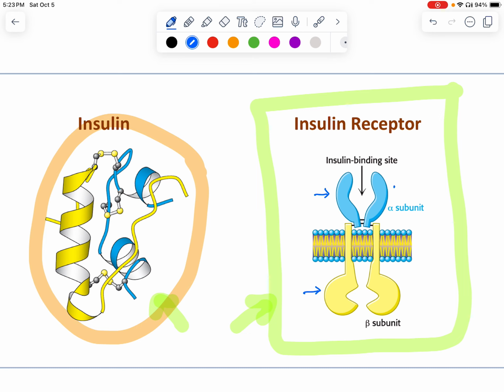The other one also has an alpha subunit and a beta subunit. And if you look right here, you'll see disulfide bonds. That's what those black lines are indicating, which are holding these two permanently together. So they stay as a unit, as a dimer, even when there's no insulin binding.